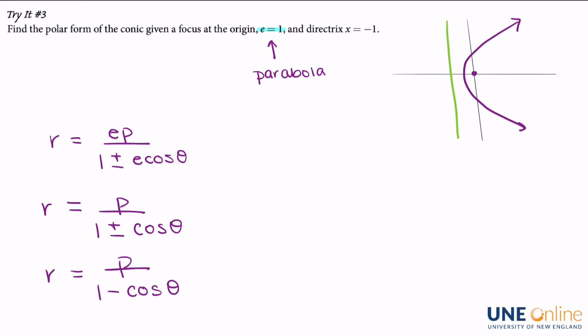And to do that, recall that our directrix has the value of p in it. So the numerical value in our directrix, which is 1, is going to be p. So lastly, we can write our parabola equation as r equals 1 over 1 minus cosine theta.